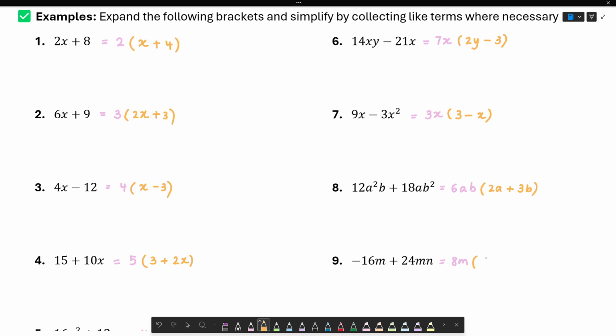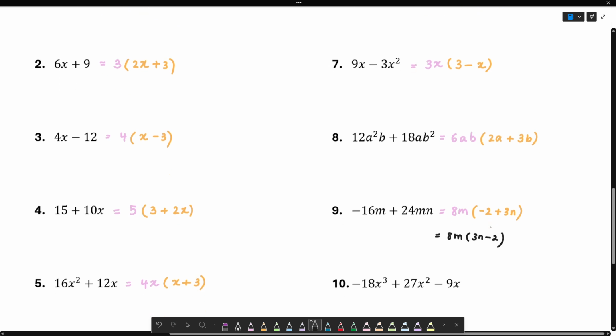So minus 16 divided by 8 is actually a minus 2, and the m just disappears. And 24 divided by 8 is 3, and I have an n left over. Sometimes you might see this re-expressed in a different way because we do like writing our negatives as the second term. So this is another way to write down the answer for question 9.